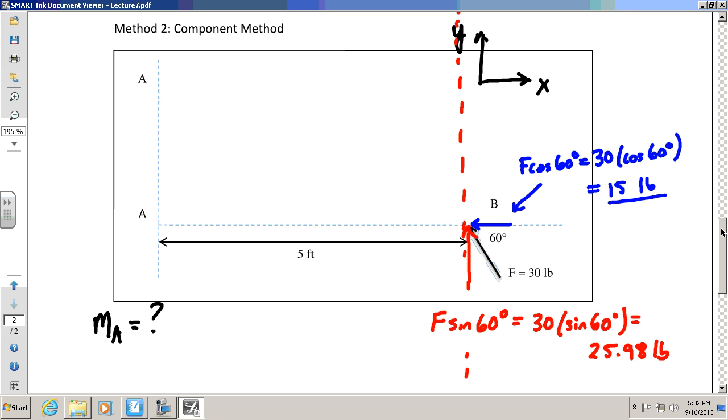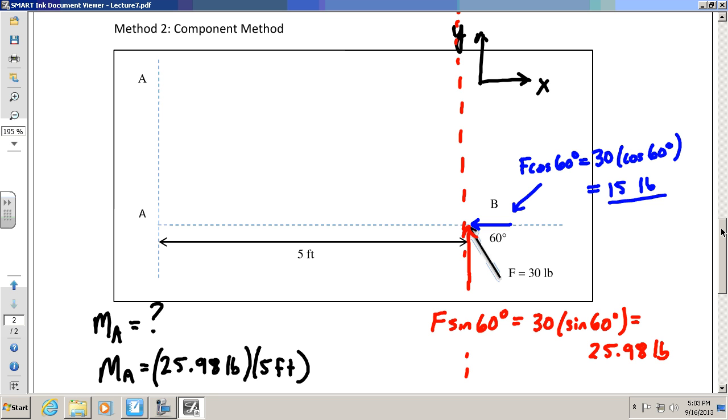Draw a vertical line through point B. What's going to be the perpendicular distance between a vertical line through point B and A? Yeah. So the moment about A is going to be equal to the force, which is the 25.98 pounds, times 5 feet.